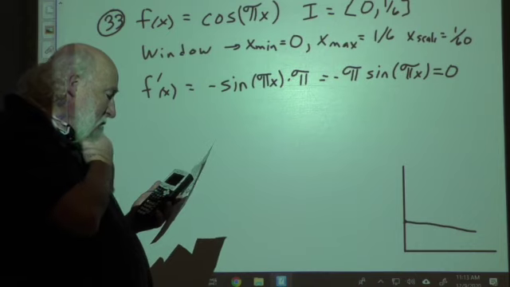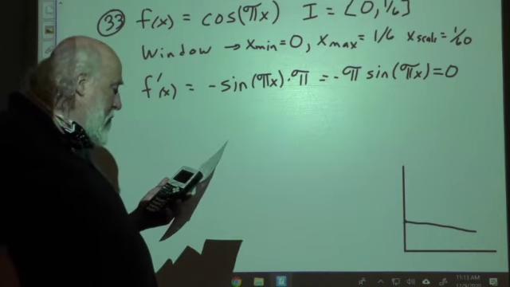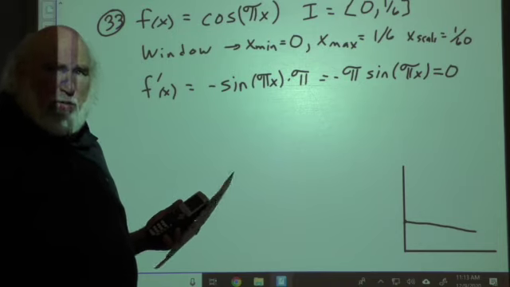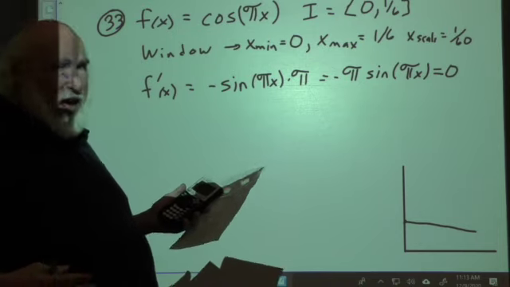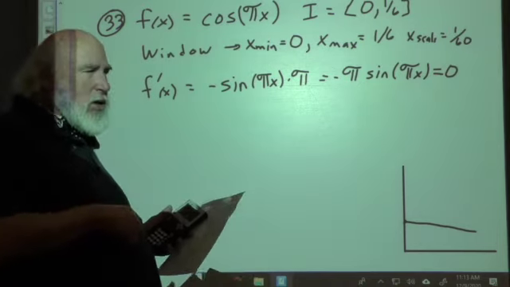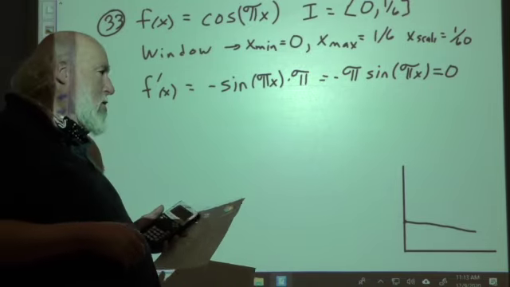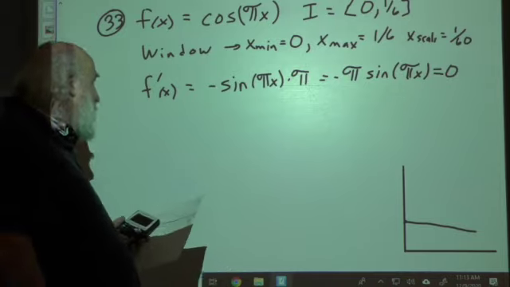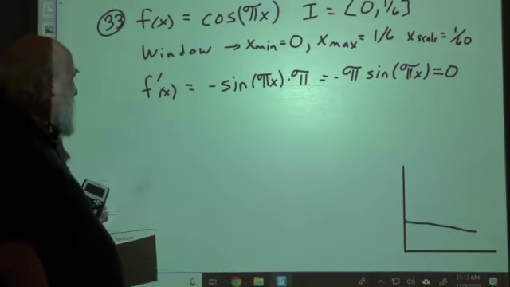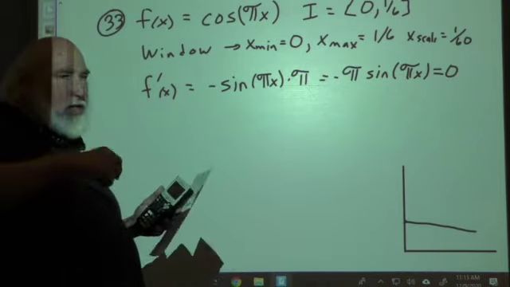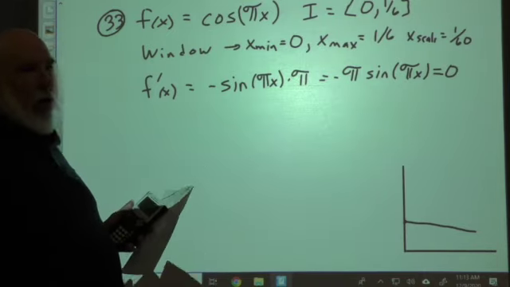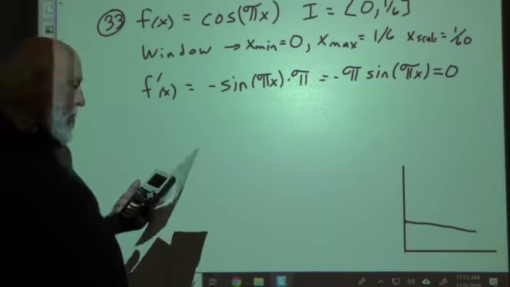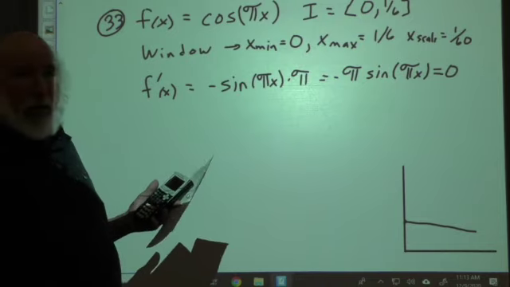Now you'll notice here that you have all these multiple sine curve waves, or cosine curve waves actually. They call them sinusoidal waves because they look like sines, but this is actually sine shoved over 90 degrees. Regardless, there's a constantly changing point of height, so there is no critical point here.